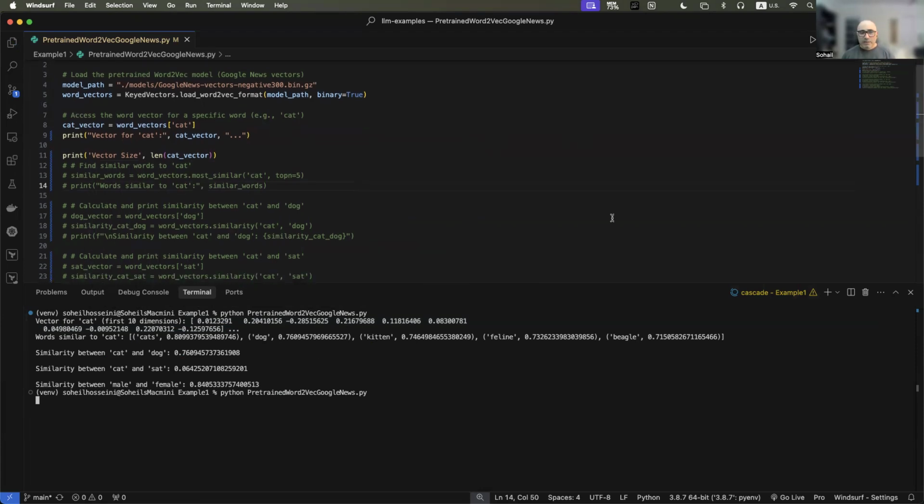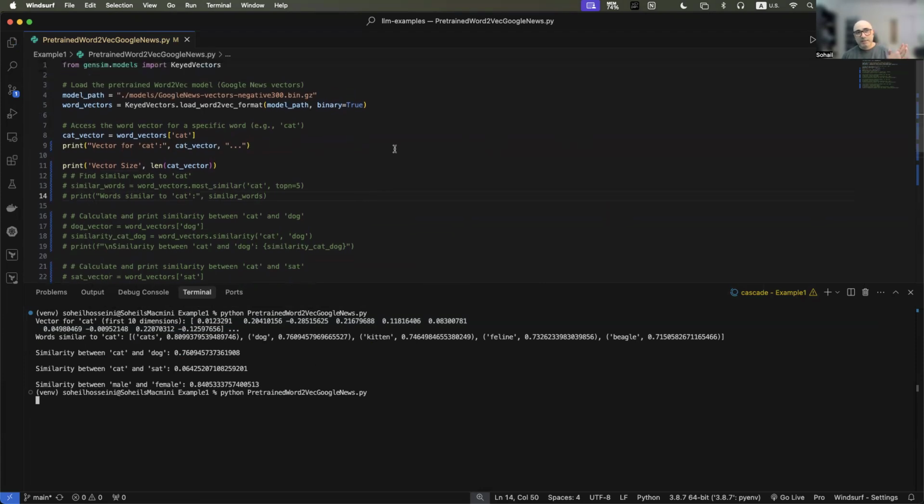There are a lot of pre-trained models for word embeddings. This one is using skip-gram, and this is a library that you can use, gensim. You will need to install that library, and it has some dependencies that need to be installed.